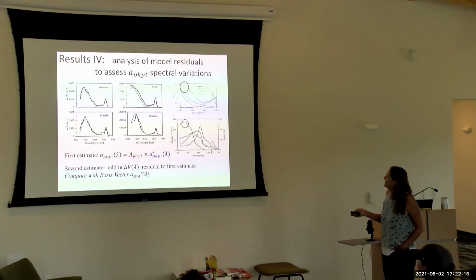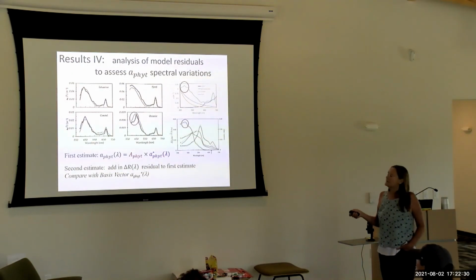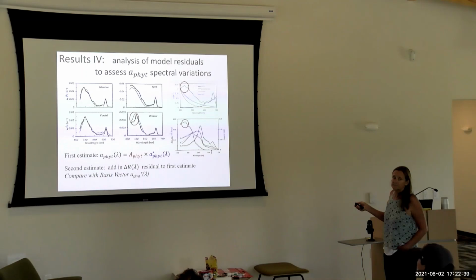And so here's the example. This is the shape that went in. The heavy line is the shape that comes out by doing this, adding the residual in, and the thin line is what I measured with a spectrophotometer. What you see is there's a big difference here, and part of it is a signal-to-noise problem, but it's really different than the basis vector that went into the model.